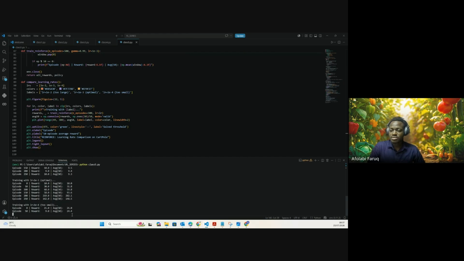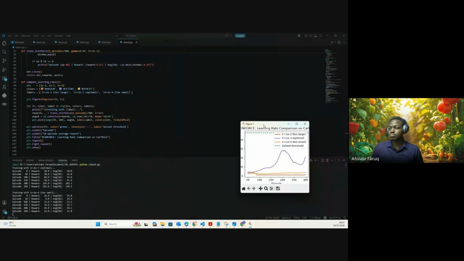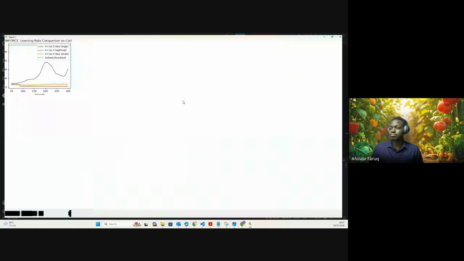Then here as well, we see what happens when the learning rate is quite large, 10^-4.